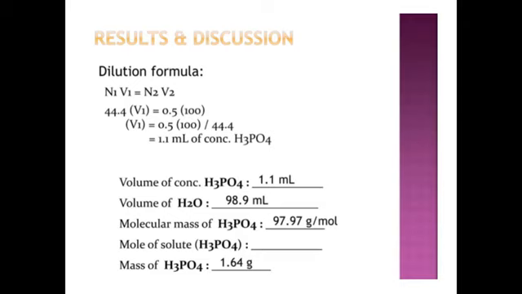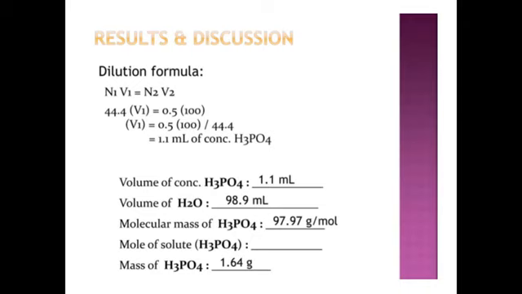We have said that your normality is equal to molarity times basicity. So, in this case that we are using normality, you can still say N1V1 is equal to N2V2. But if it was in normality and you want to now use molarity, that means you still need to convert.